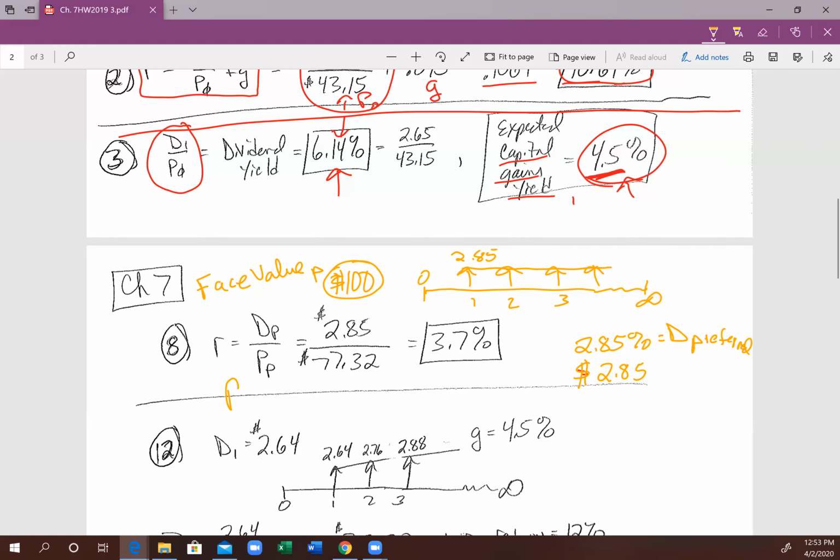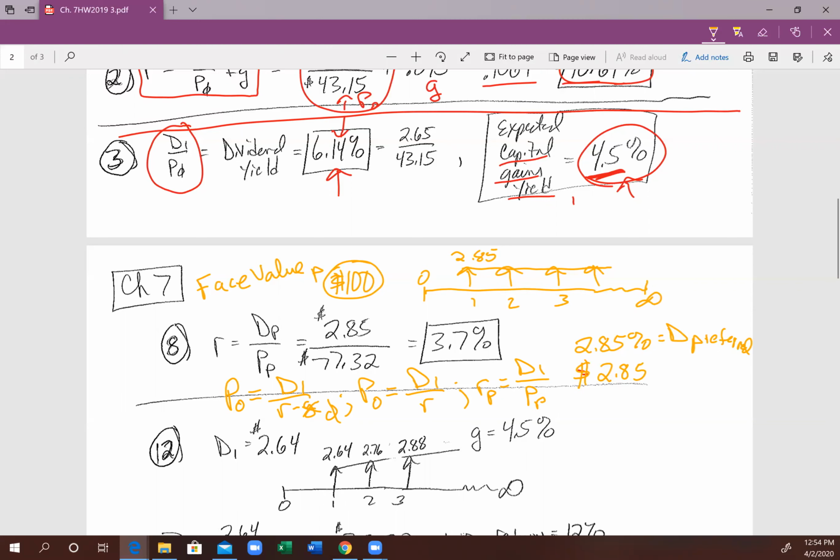And if you remember, P0 equals D1 divided by R minus G. In this case, if growth is 0, then P0 is just equal to D1 divided by R. And if you want to rearrange it, R for preferred stock will always be equal to the dividend divided by the price.